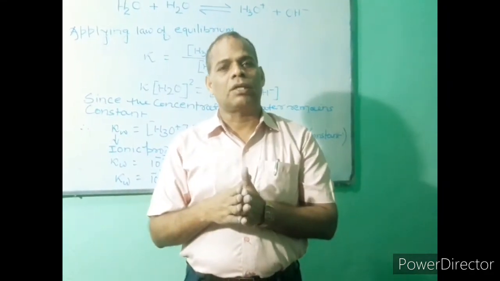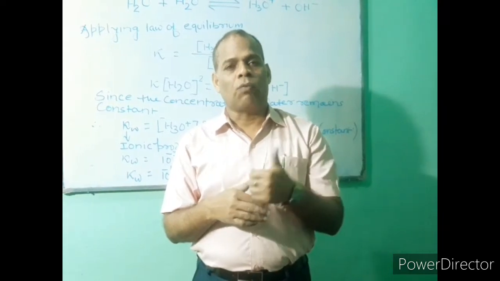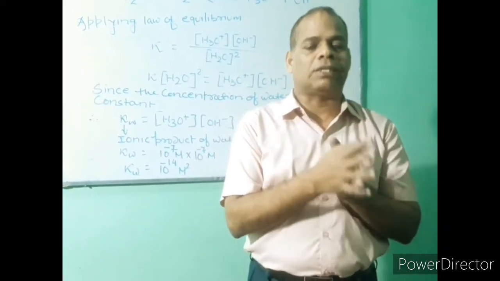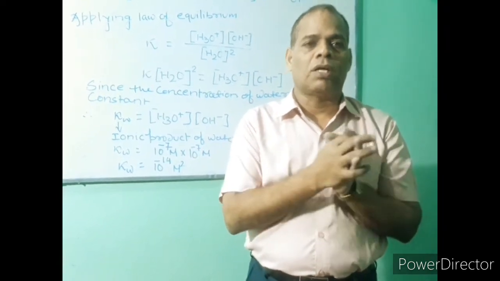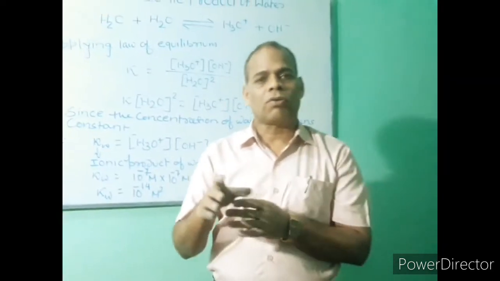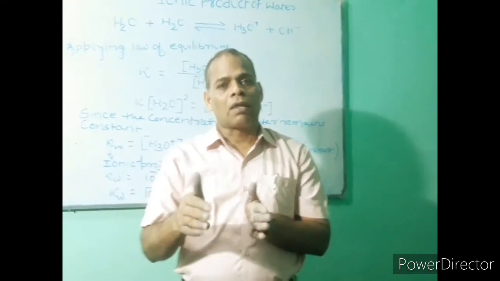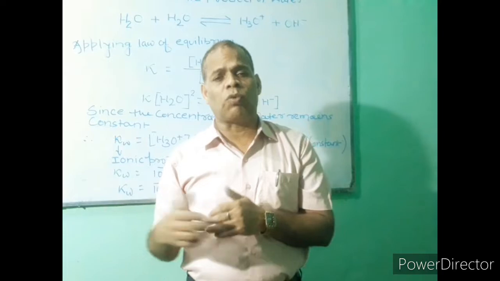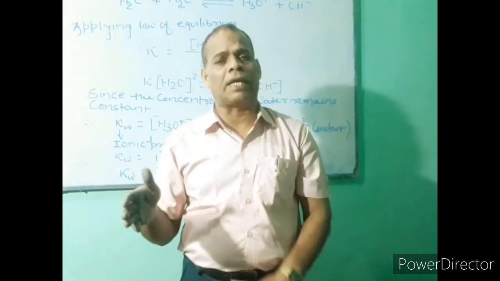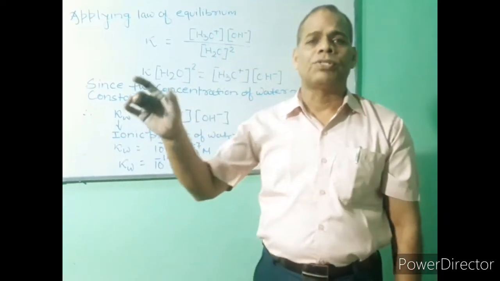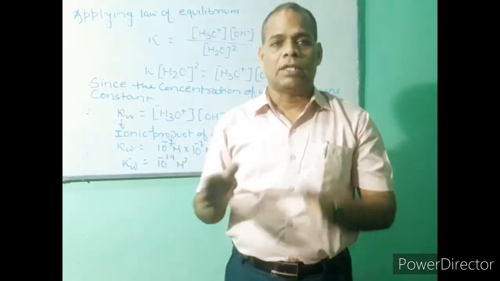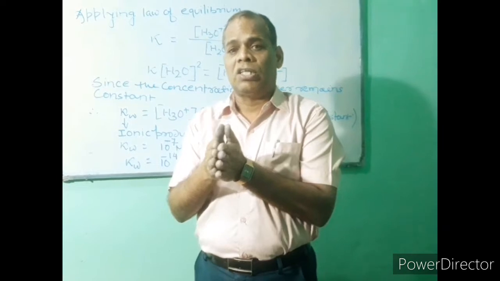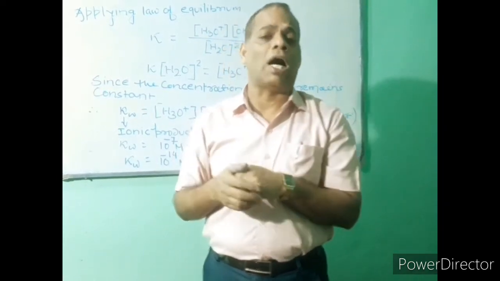It means if you take 1 molarity concentration of acid, suppose HCl, then when you add it in water, it gives 1 molarity of H+ ion and 1 molarity of Cl- ion. It means a strong acid completely dissociates into its constituent ions.